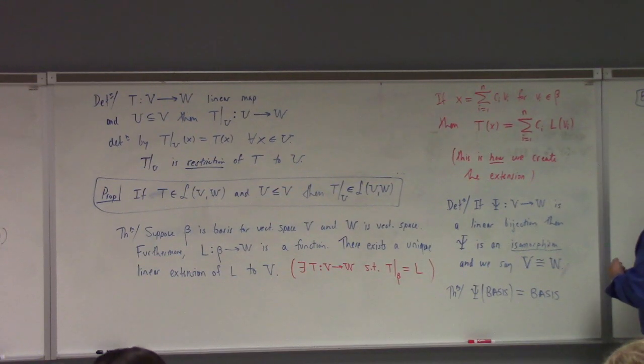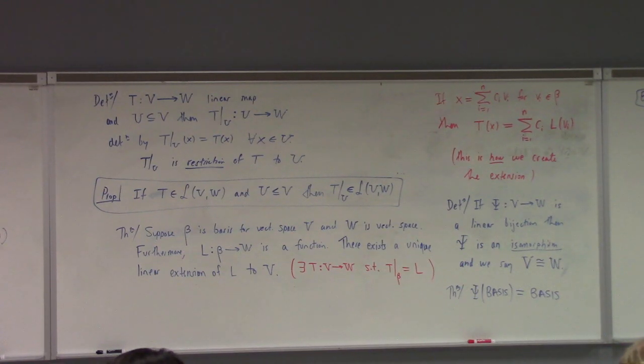Phi beta of v_i is equal to e_i. Linearly extends to phi beta of the sum i equals 1 to n of c_i v_i equal to the sum i equals 1 to n of c_i e_i.